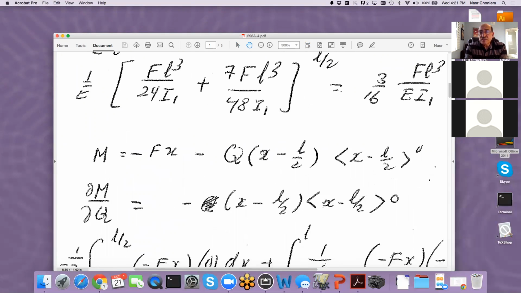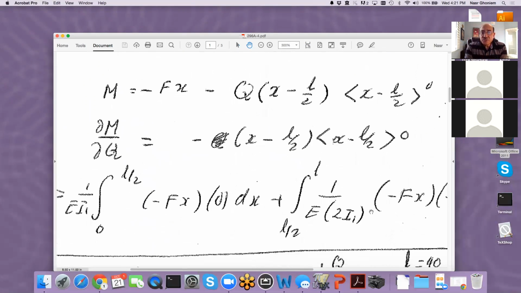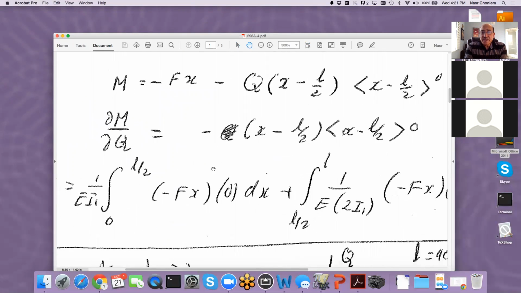The second term will be just x minus L over 2, negative, and the unit step function is there to show that the value exists past x equals L over 2. When I do the integration, I have integration over two sections from 0 to L over 2.